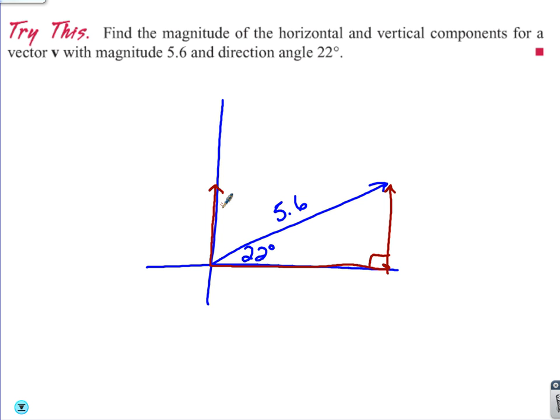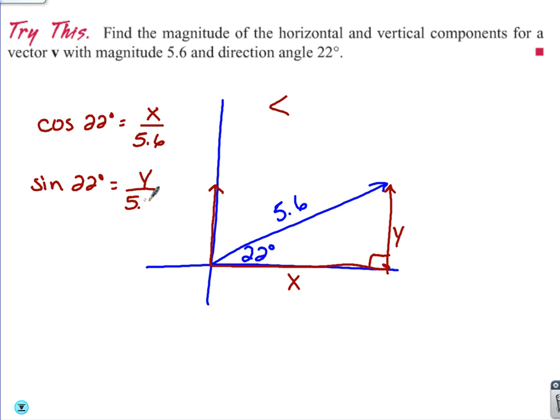The way that you find that, you have a horizontal and a vertical component. And the book shows you the shortcut. It gives you a formula, but I want you to know where the formula comes from, so you start using the formula on your own without even memorizing it. The cosine of your angle is equal to adjacent over hypotenuse. The sine of your angle is equal to opposite over hypotenuse.